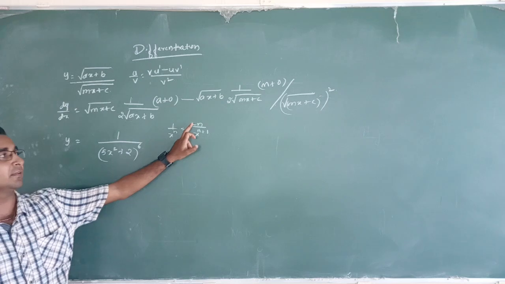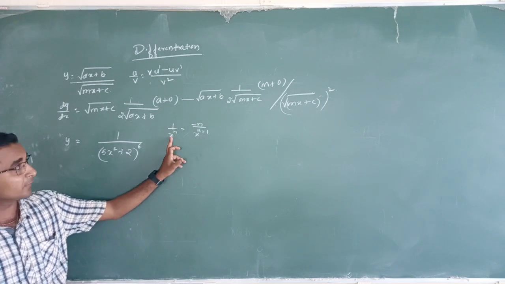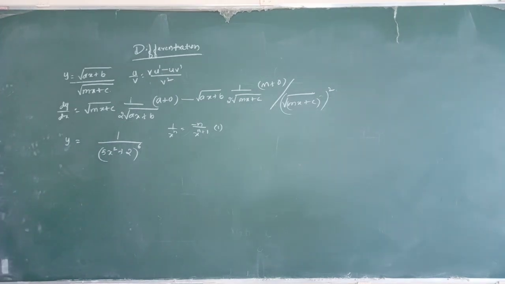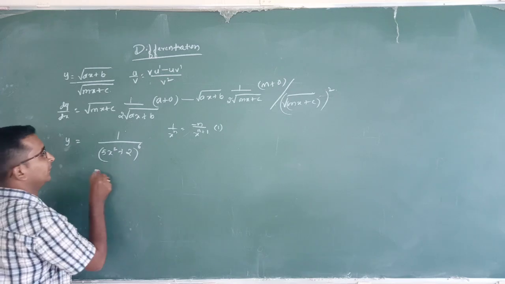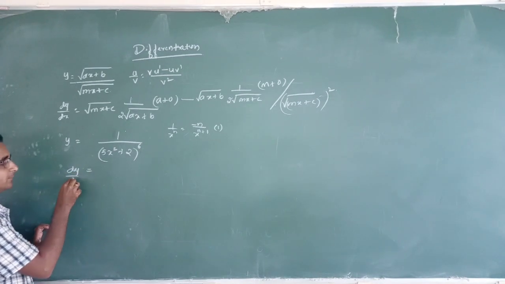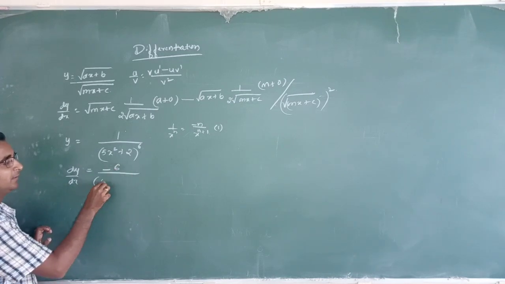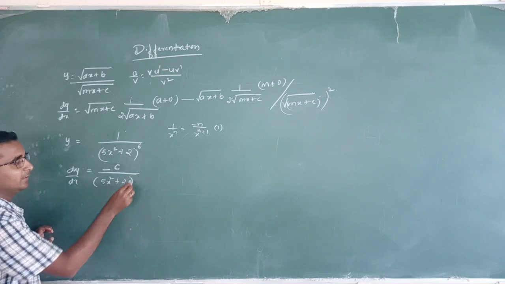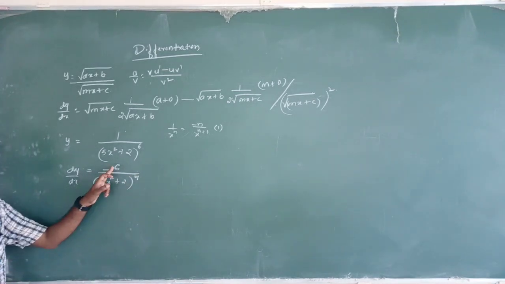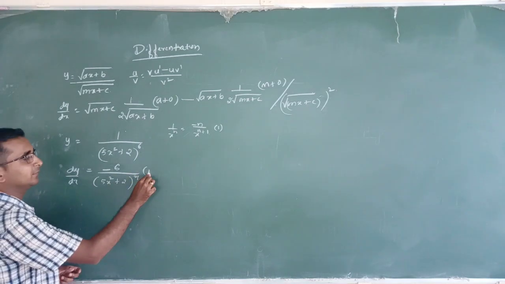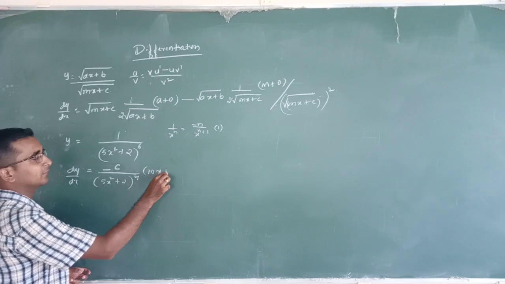The power is n, so minus n divided by x raised to n plus 1. Then the differentiation of x always has a 1, but we do not write that, because multiplying by 1 gives the same value. So here, for 1 by x raised to n, dy by dx is minus n divided by x raised to n plus 1, then the differentiation of the x term: 5x square differentiation is 10x, plus 2 differentiation is 0.